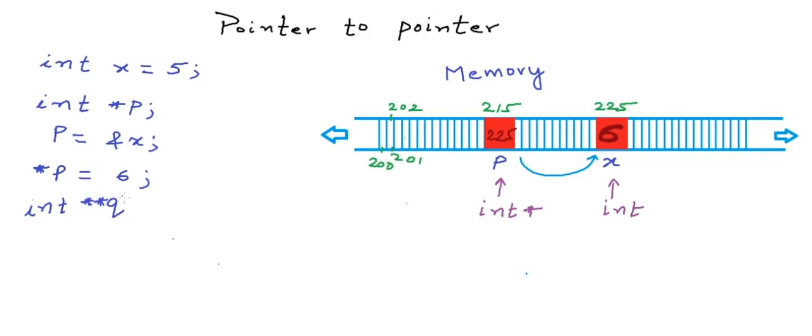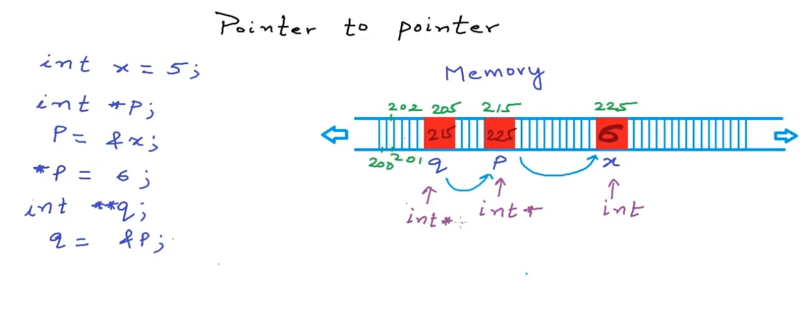So we will put 2 asterisk signs in front of the variable name, and now this variable q can store the address of p. So with this int asterisk asterisk q, we created q. Let's say we created q at 205, and now we are saying that q will store the address of p. So q points to p, and the type of q is int asterisk asterisk.